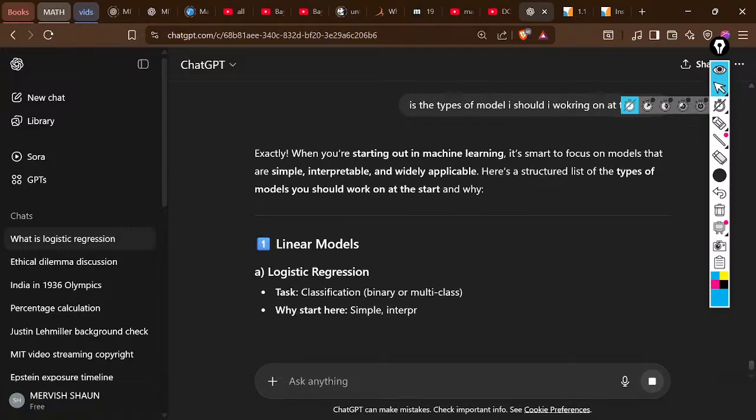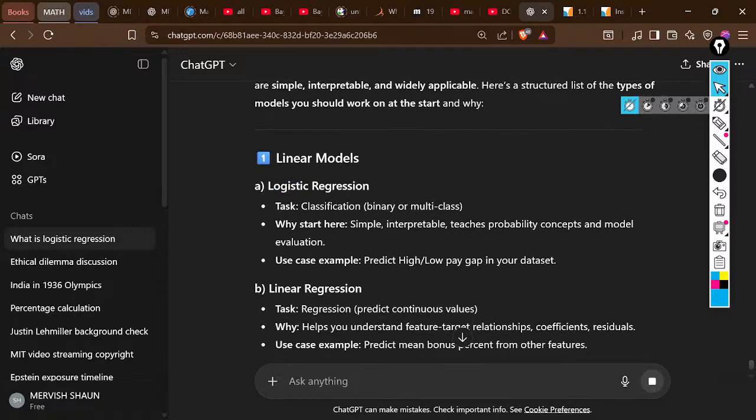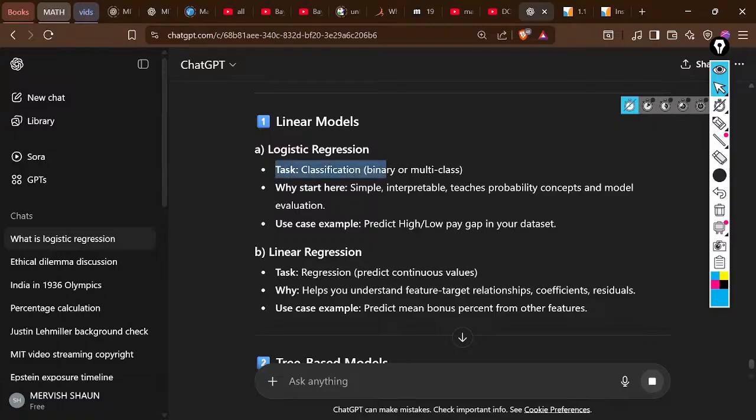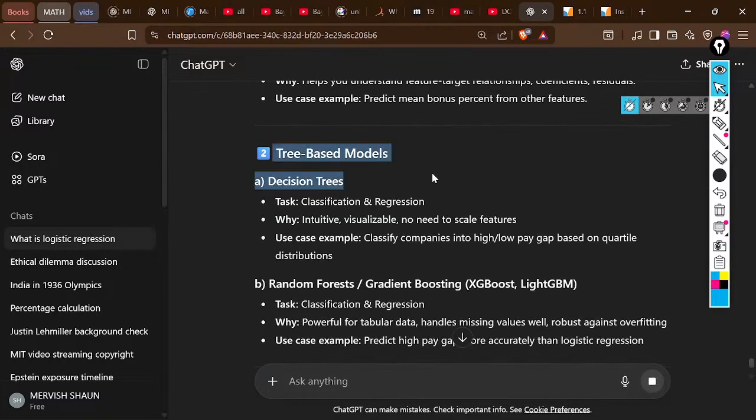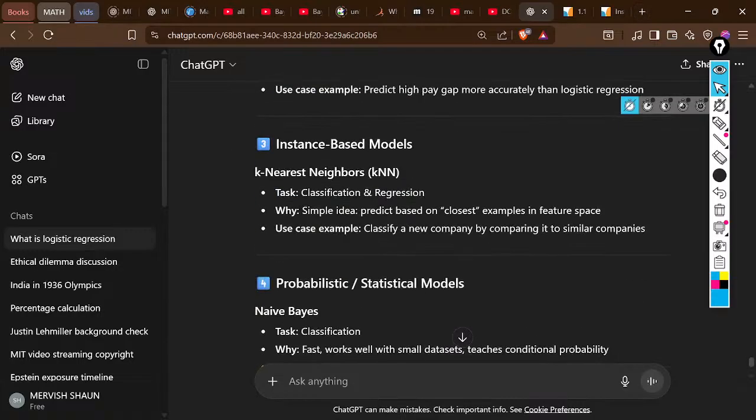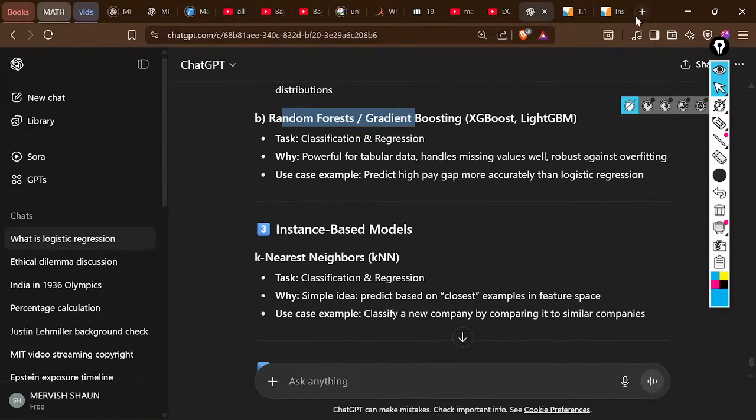Exactly, yeah, starting on machine learning, linear and logistic regression. Linear models. So why decision-based, tree-based models, decision trees?